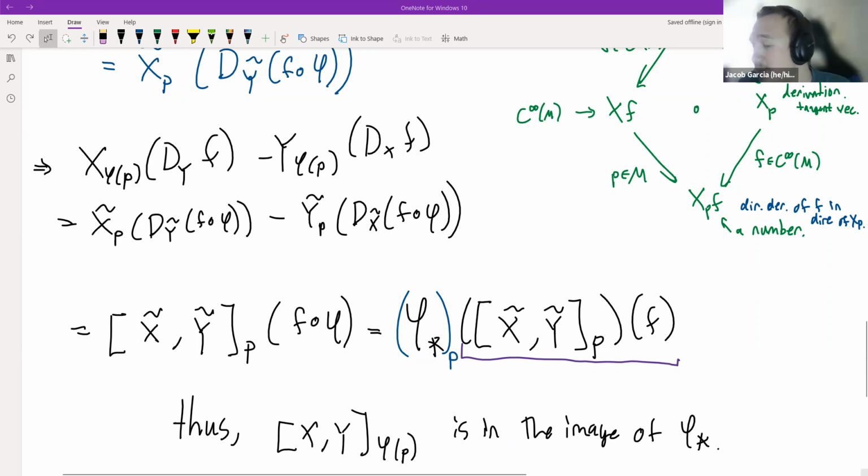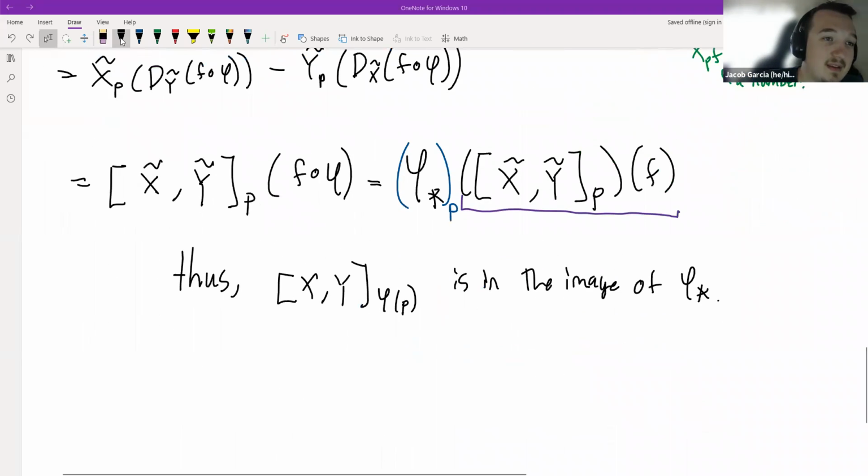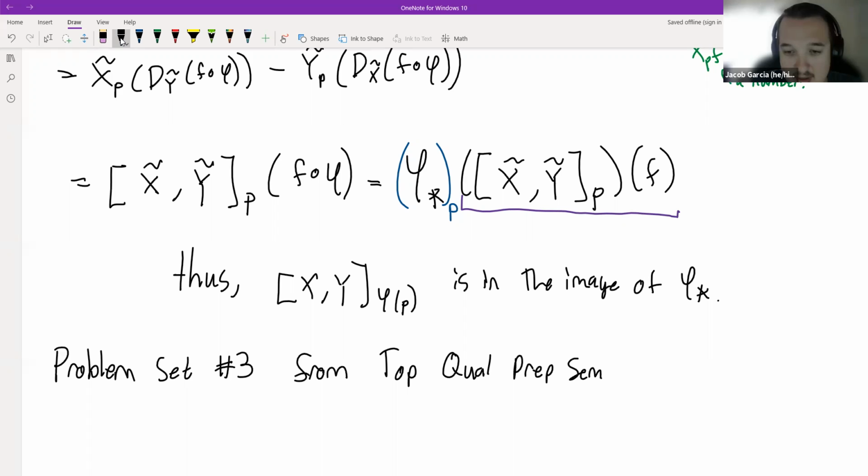And so if anybody's interested in looking at maybe a better write-up, although it's the same write-up because I use the same work. This was problem set number 3 from the topology Qual prep seminar 2019 website.